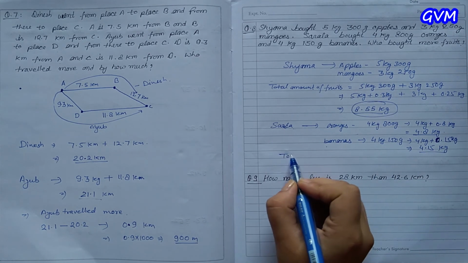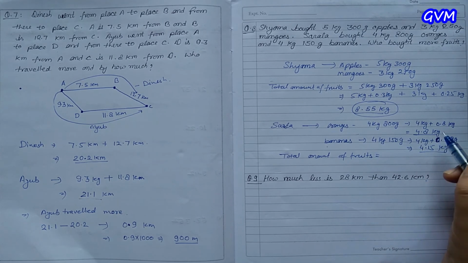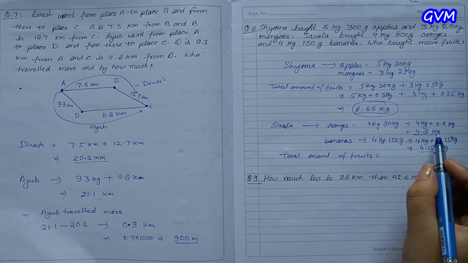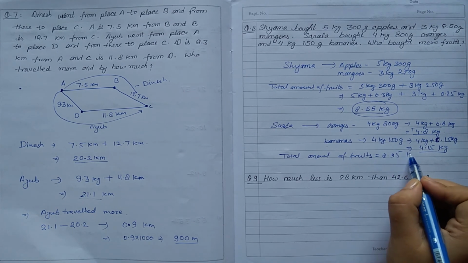What is Sarla's total fruit? By adding 4.8 and 4.15 we have 8.95 kg.